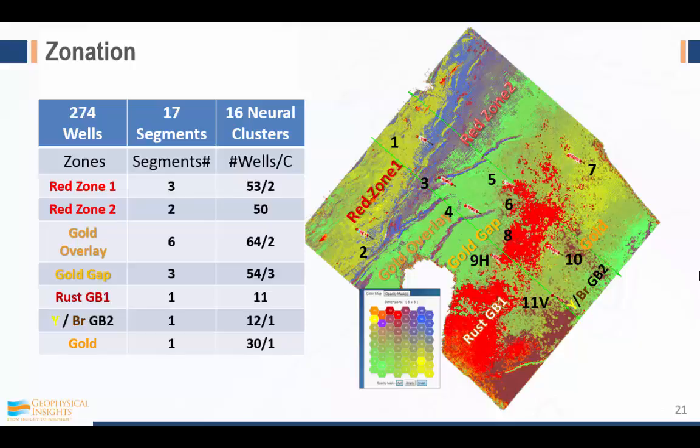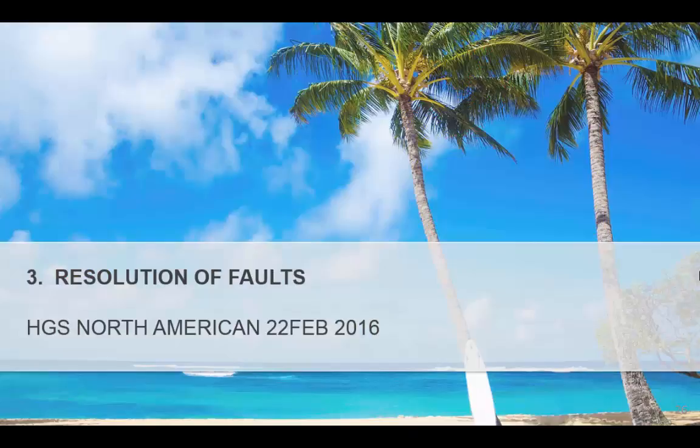This was done with just 4x4 on this tabular data. That's about all I can tell you about it. This other number is the number of calibration wells that are in that zone. I don't have a calibration well for every zone, but when I'm depicting them, you can see the neighboring zones well enough. Okay? So now we're going to talk briefly about resolution of faults.